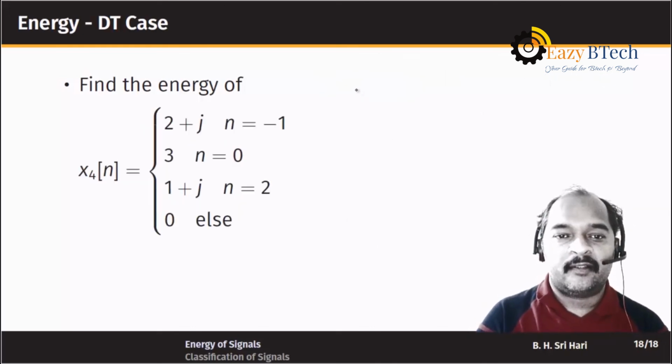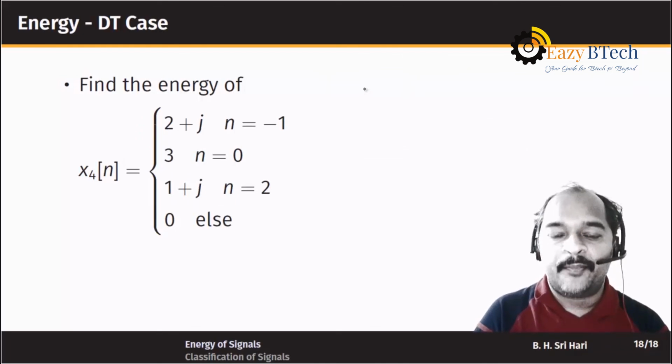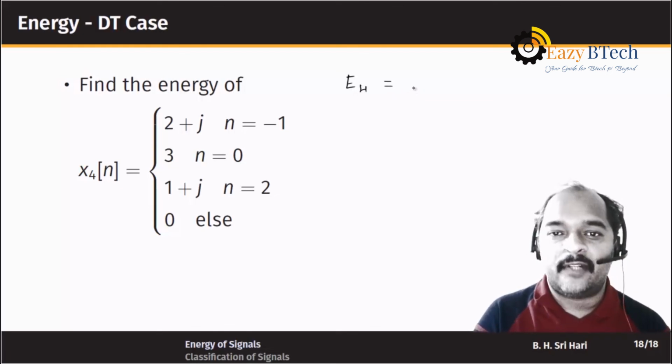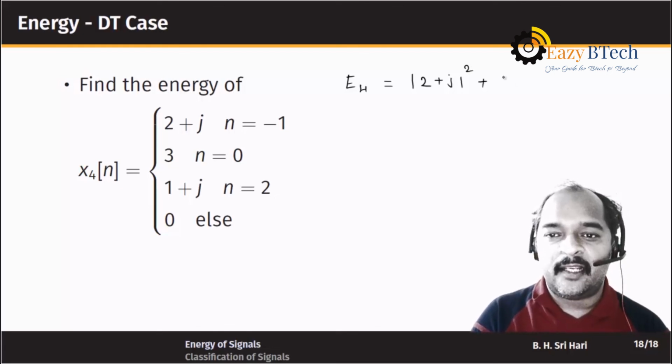Okay, right. Next, the last example, we are asked to find the energy of this fourth signal, which is given by this. This would be equal to E4. Because the signal is complex, we have to take the absolute value, square it and add them. At -1, the amplitude is 2 plus j, so we'll get modulus of 2 plus j whole square, plus at 3 it is a real number.